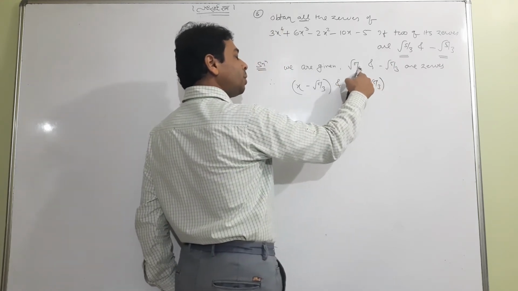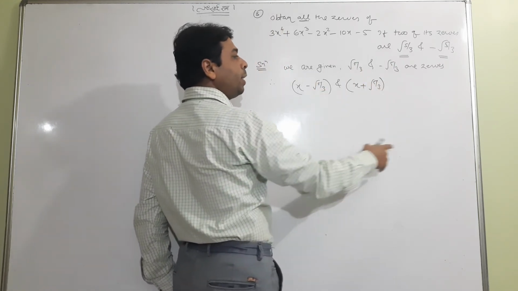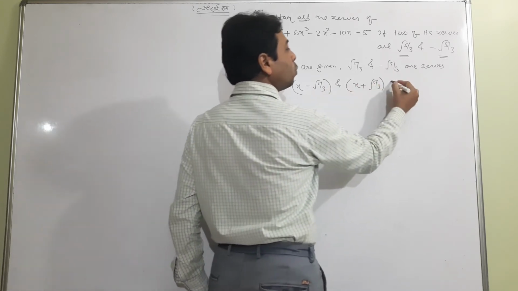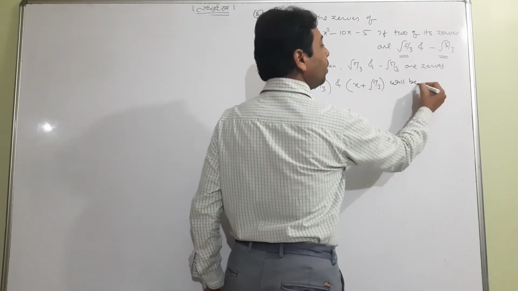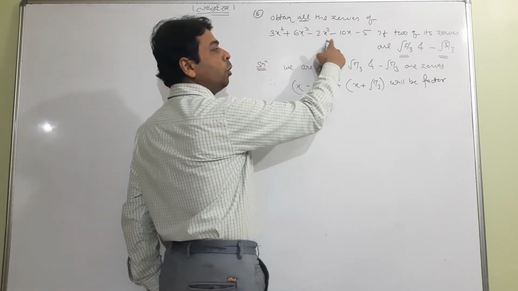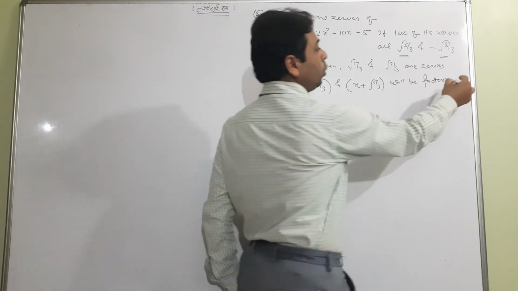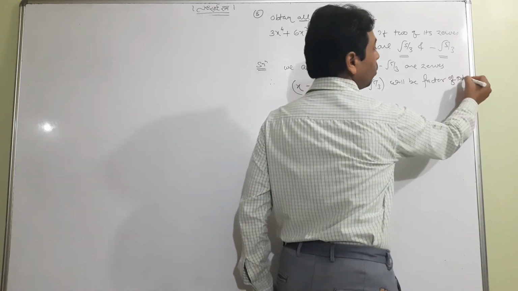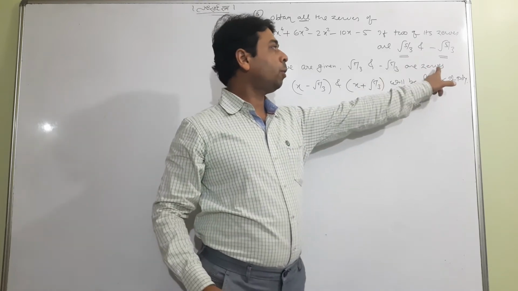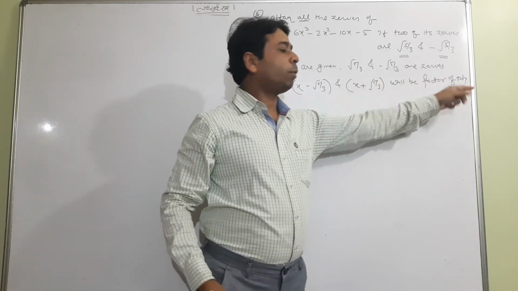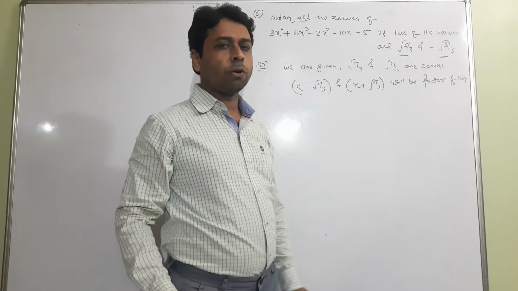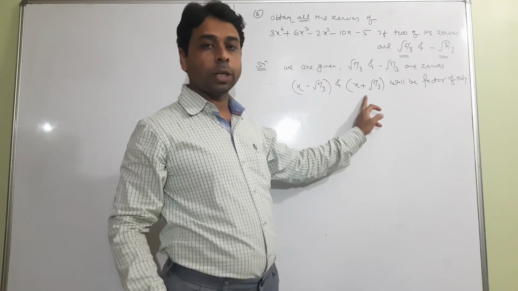With the help of this zero we got this factor, and with the help of this zero we got this factor. This and this will be factors of the polynomial. Very simple sentence: these are zeros of the polynomial, these are factors of the polynomial. It contains 4 factors, so we will find the rest, because 2 we already know.